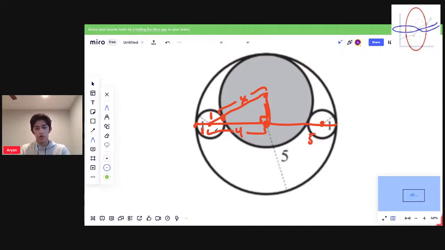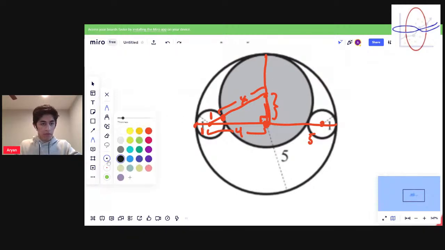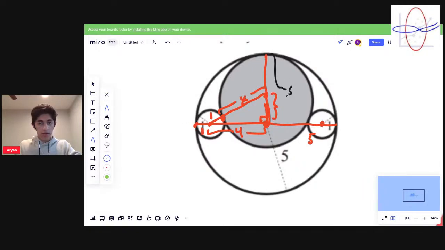Now you might think, okay, we have a right triangle and we have two of our sides. So let's think of any way we can express this third side right here. How would we do this? If we extend this, we know that this region right here is a 5, because this is just the radius of the big circle.